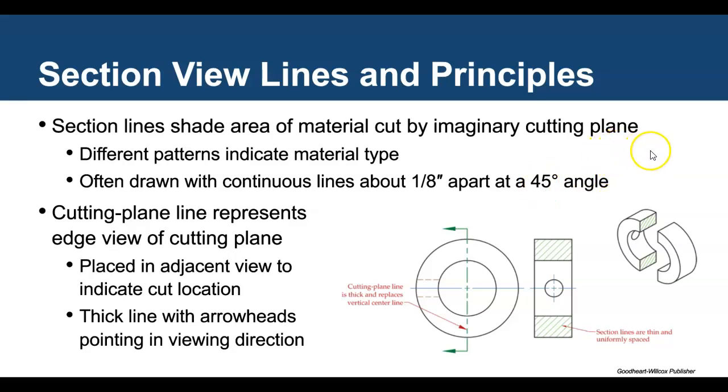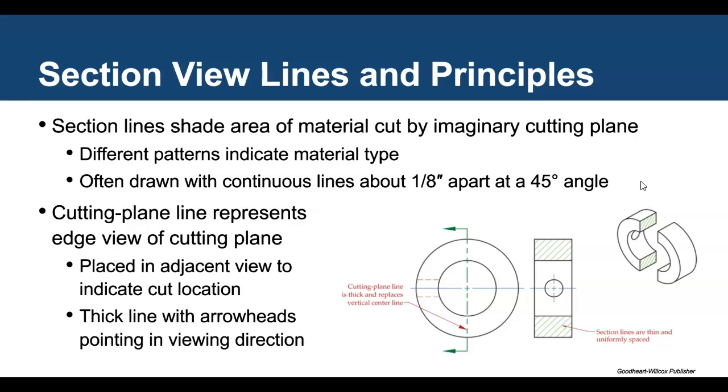So as we talk about section lines, remember that the section lines show different patterns, either crisscross patterns or parallel lines that represent the inside or section of a part. They're usually drawn with continuous lines that are about 1/8 of an inch apart and at a 45-degree angle, although that's not always going to be the case, but very frequently they are like that.